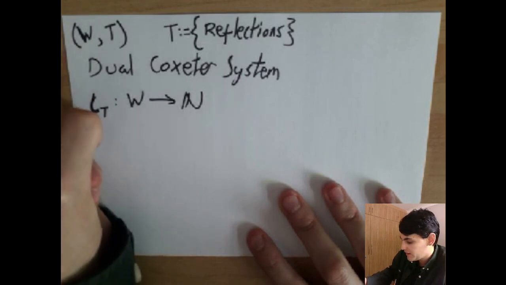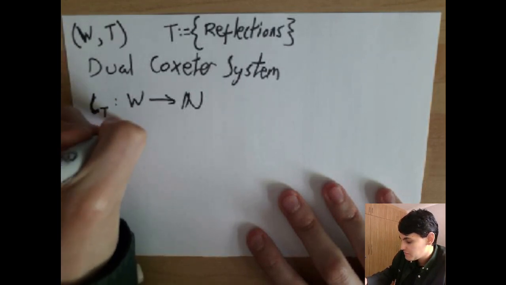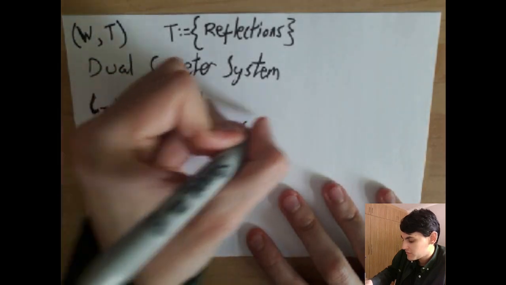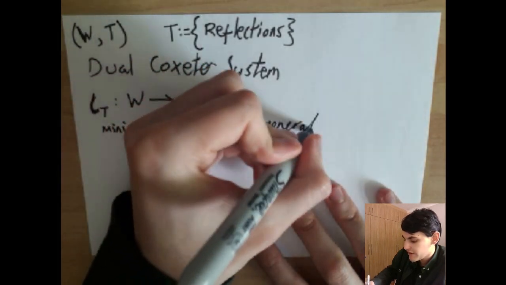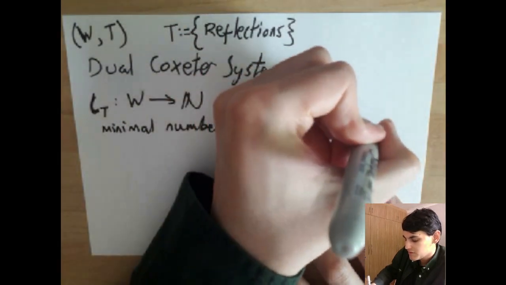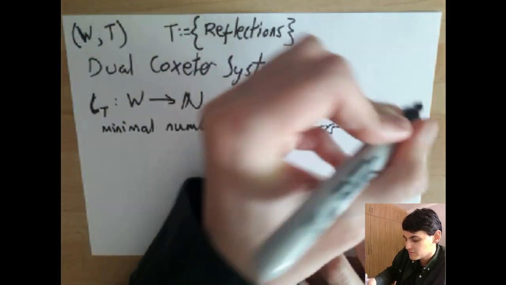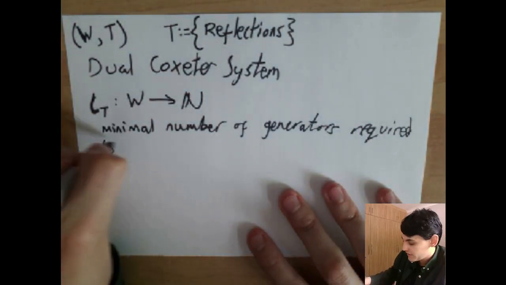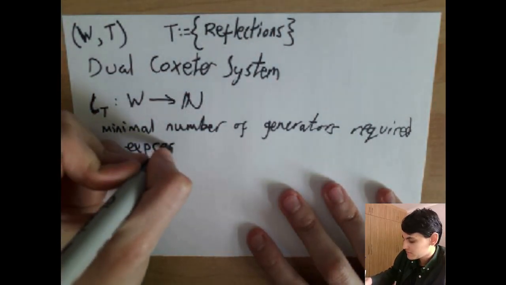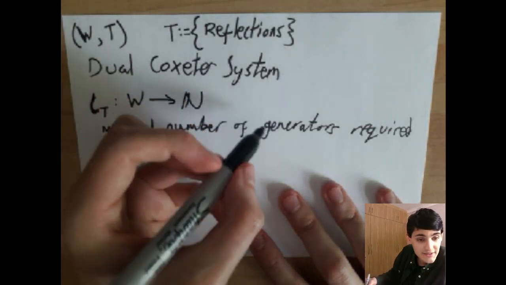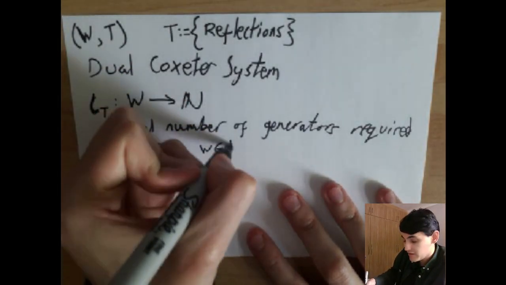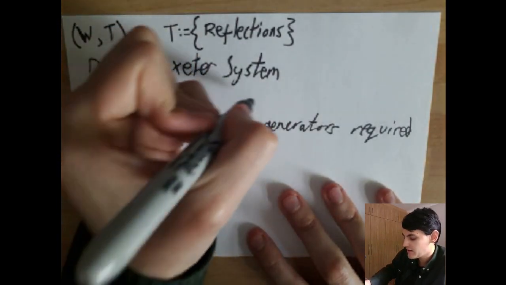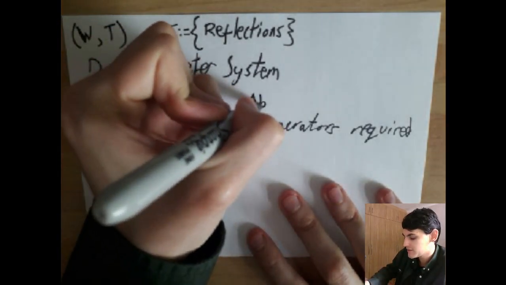This is the minimal number of generators required to express w in W, and this is known as the absolute length.